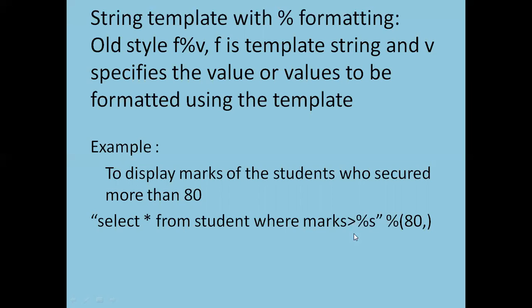This specifies the formatting style that you're using, and % again outside. This is the F part which we are writing here, and the V part is the condition which specifies the value to be formatted. So I want to display the marks of all the students who receive more than 80 marks.